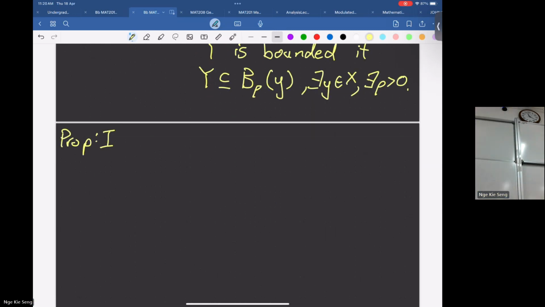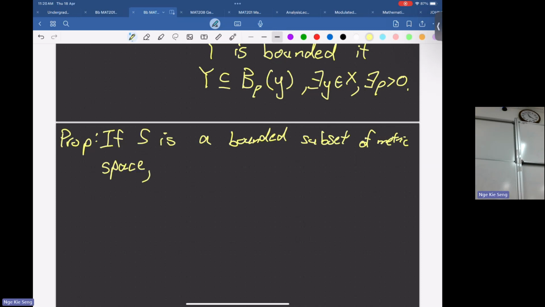In fact, if S is a bounded subset of a metric space, say you can bound it by some ball, actually you can bound it by balls at any point in X with some radius.